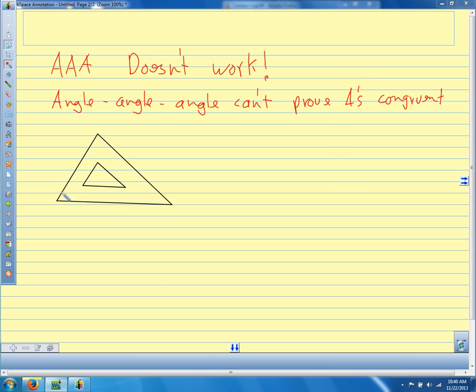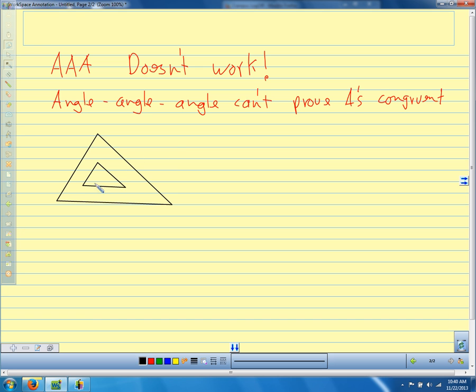There are two triangles with all the angles the same that are not congruent. So they're the same shape, but they're not the same size. So the angles in these triangles are the same, but the triangles are not congruent. This is why angle, angle, angle can't work to show that triangles are congruent. It doesn't guarantee that the triangles are exactly the same.